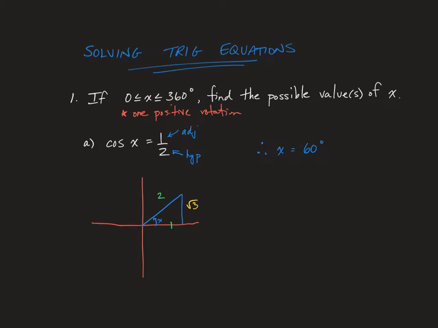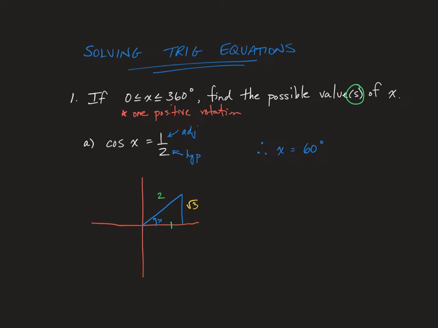Now I want to come back up to something in the problem, and you may have noticed the plural potential on values. I'm hoping that we recognize that there would be another solution to this equation. Would there be another triangle that you could draw that would have an adjacent side of 1 and a hypotenuse of 2?